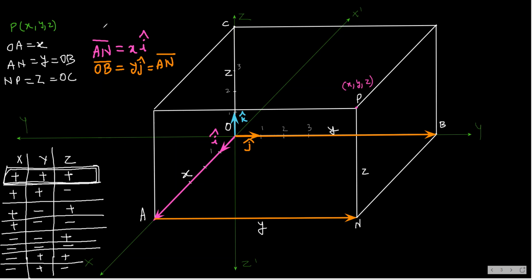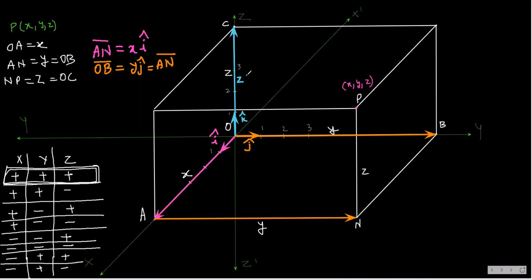Now come to the vector which is in the direction of the positive z-axis, that is, it is collinear to k cap, and it has magnitude z units. How big is this? Z units. So this is z k cap. It is in the direction of positive z-axis, so it is collinear to k cap. So here you have OC bar is equal to z times k cap, z k cap.